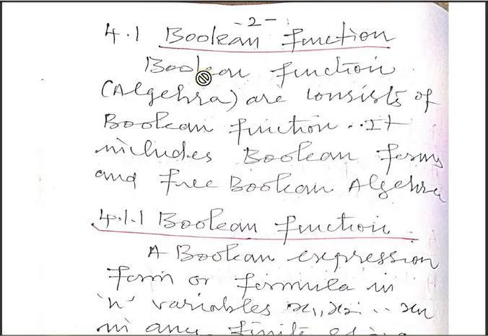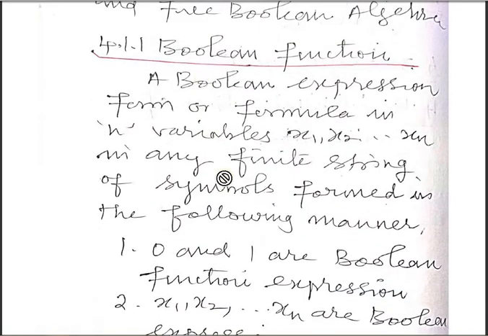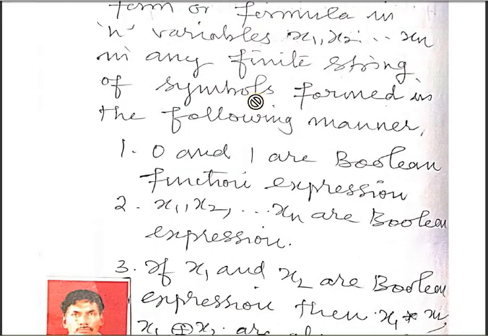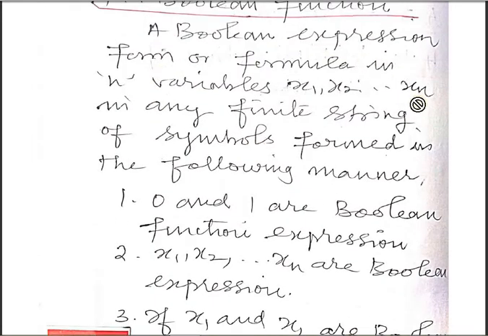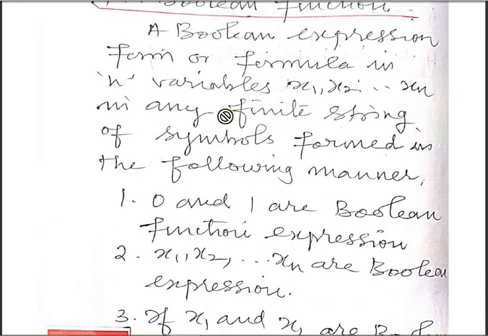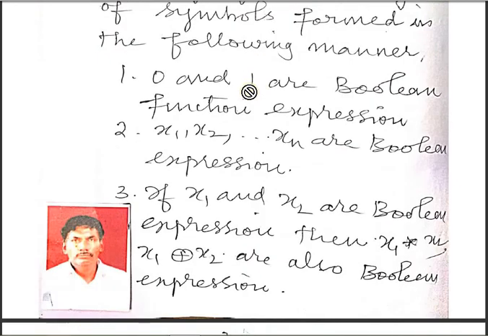Now let me discuss what a Boolean function is. Suppose x1, x2, x3, ..., xn are n Boolean variables that satisfy the following conditions, then we say it is a Boolean function. 0 and 1 are Boolean function expressions.